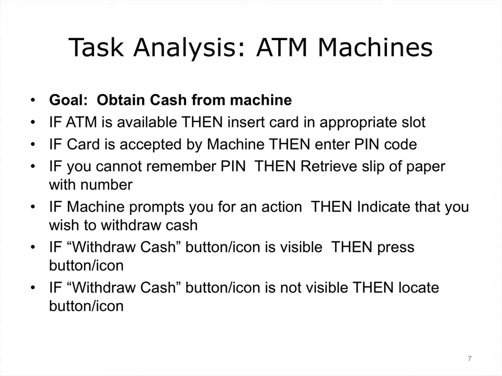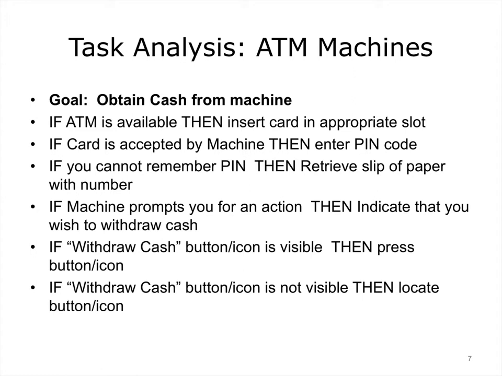This is best illustrated in terms of a relatively simple and familiar task of getting cash from an automatic teller machine, or ATM. We can start by defining a set of steps and conditions that are needed to satisfy the steps. They are expressed as procedures or if-then statements. If one follows these procedures in sequence, then the goal of securing cash should be achieved.